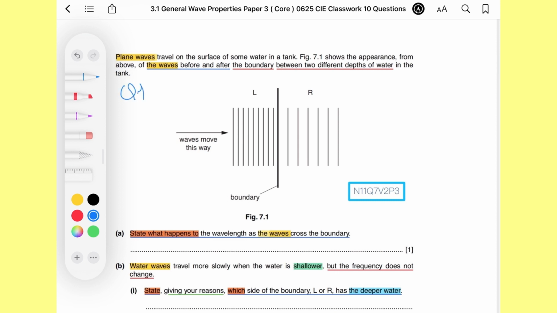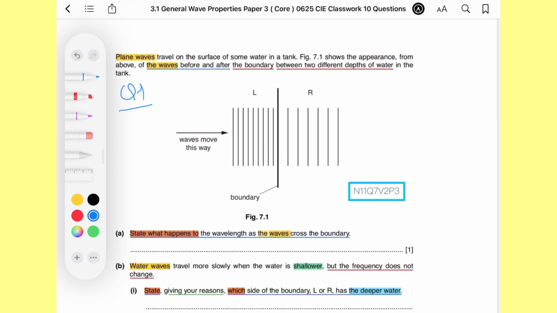Question number 1, we have here plane waves, and you will find this expression repeated many times in our questions. In general, plane waves are an infinite number of wavefronts. I will not go deep in the definition, but for now, for core candidates, plane waves are an infinite number of wave fronts.